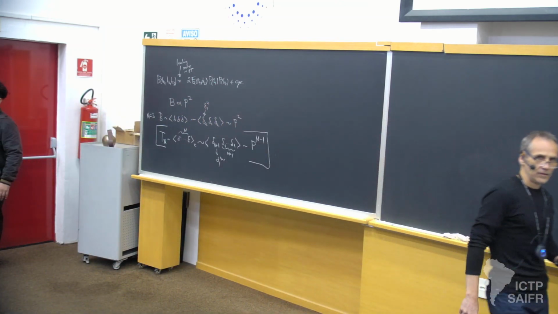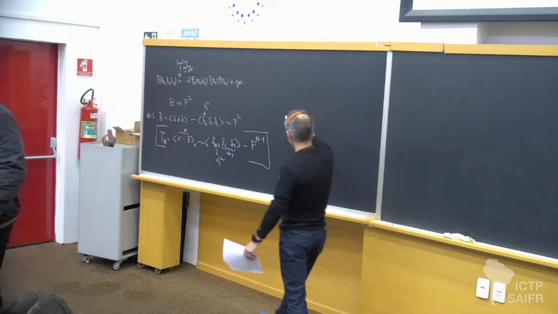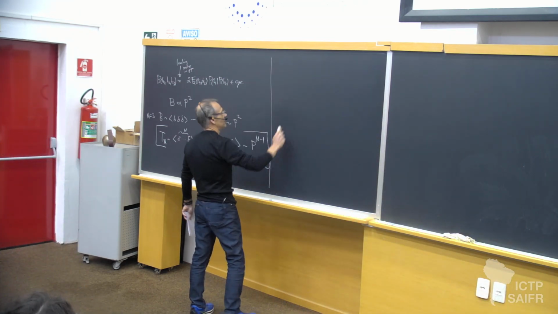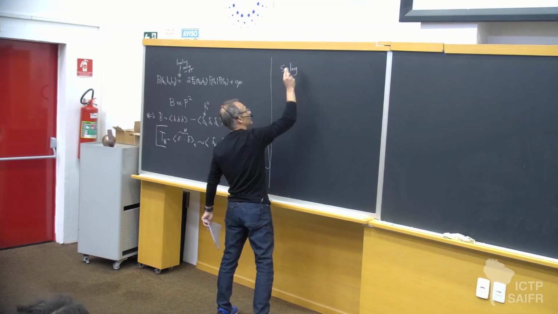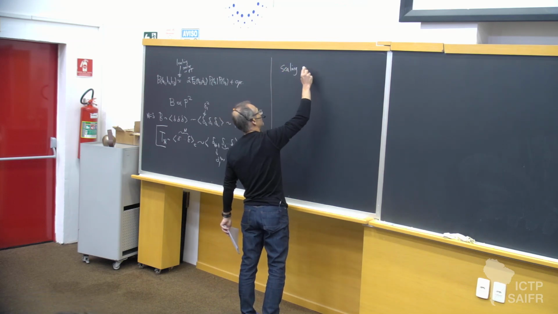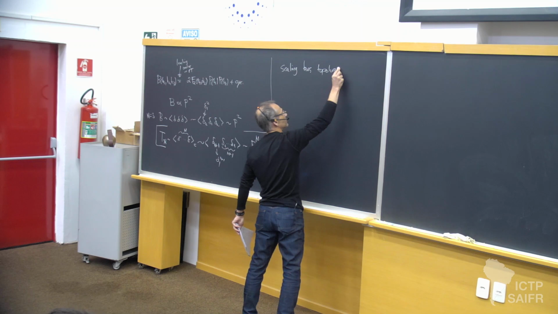Now, if you think about this for a second, this scaling has the topology of a tree that you can make from n points.